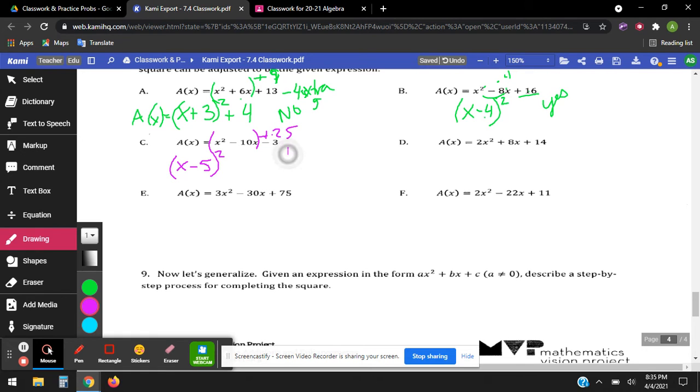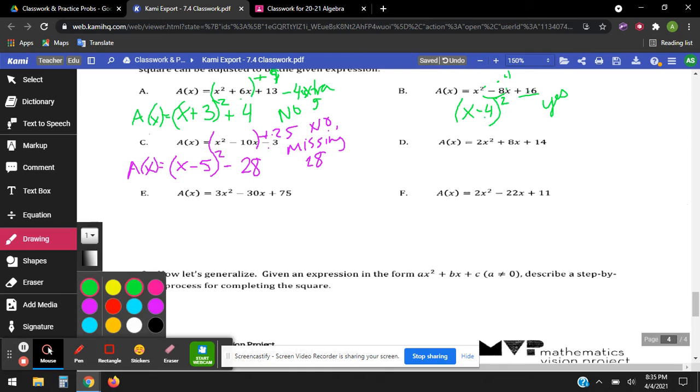So I am missing actually 28, because I'm missing the 25 and I'm missing the 3. So that is a minus 28. So A of x equals that. So this is a no. I'm missing 28.